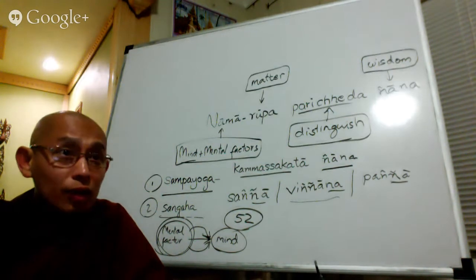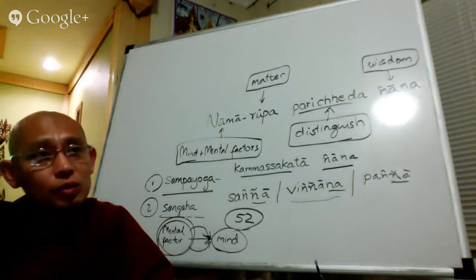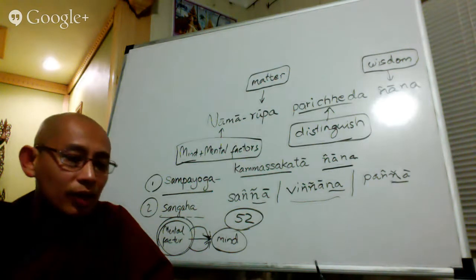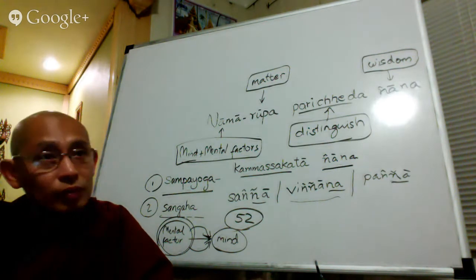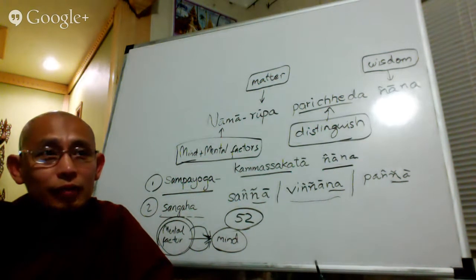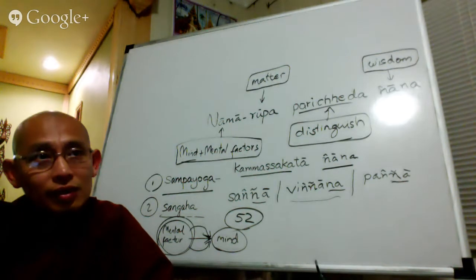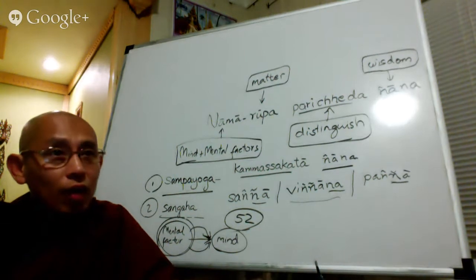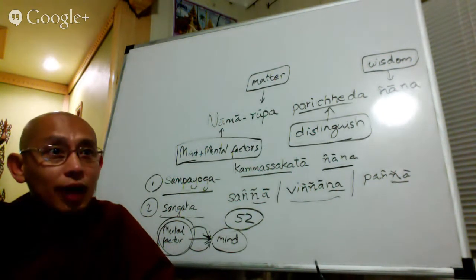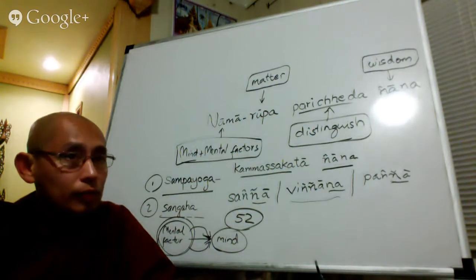Only 11 akusala minds are associated with adhimokkha, skipping one kind of Mohamula citta, the one accompanied by doubt.